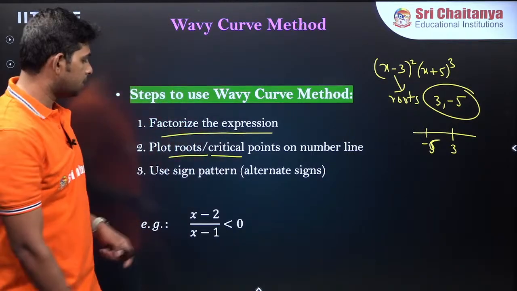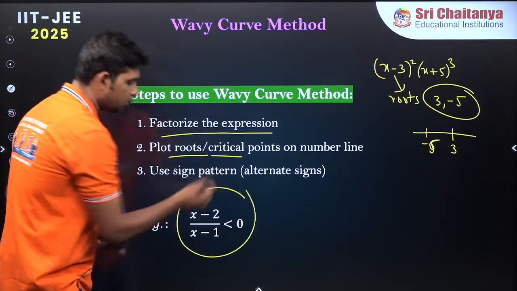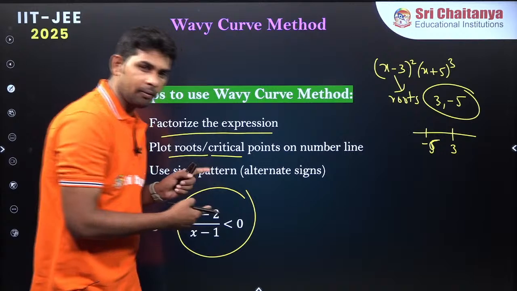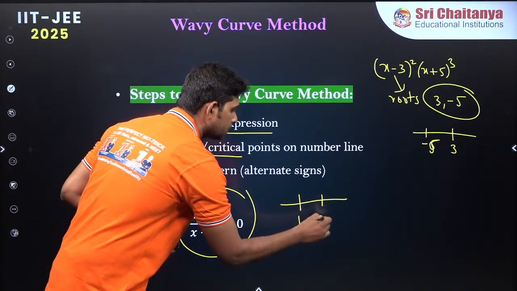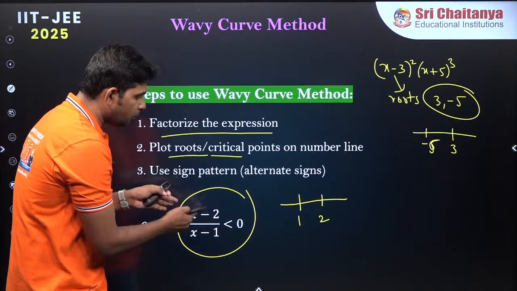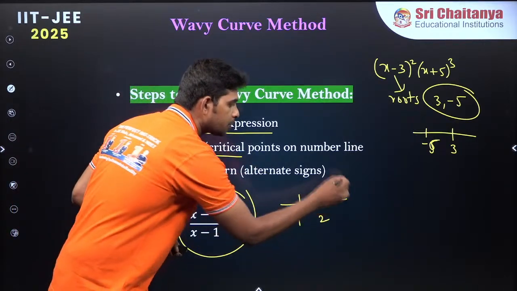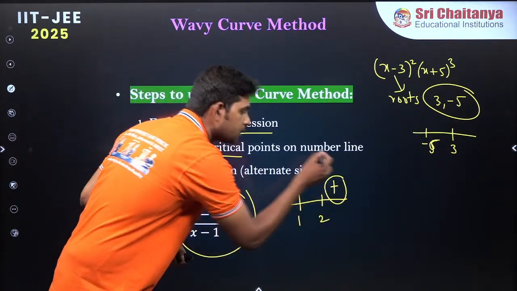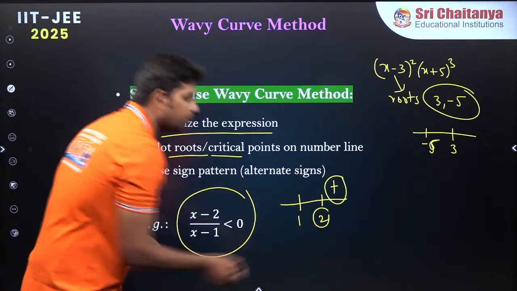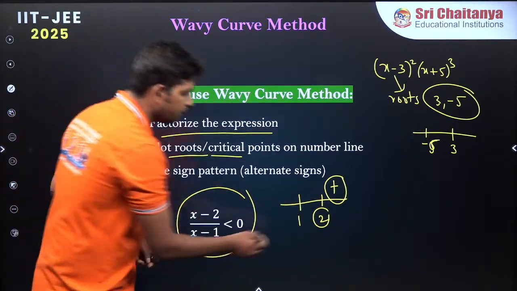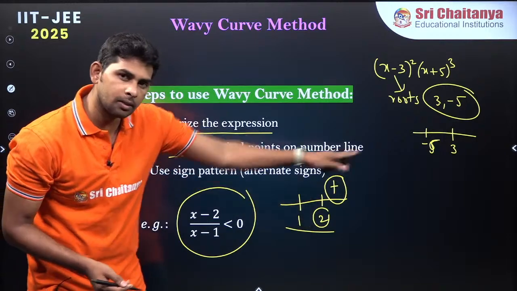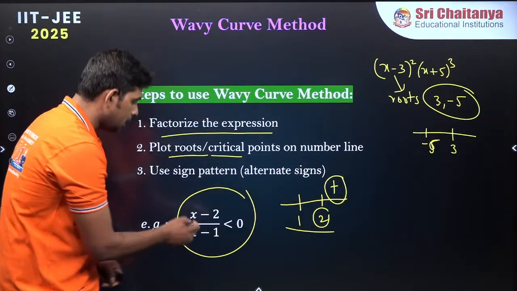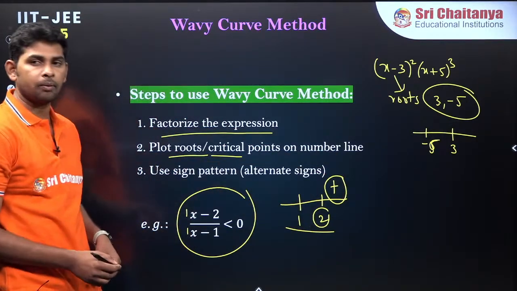And let us see this question here. What are the roots for this one? A very simple one I am giving first. So the roots are 1 comma 2 here. Now if I take any value more than 2, that is always going to be positive. So you always take more than the last number, whatever it is. We write it on the number line in ascending order. After the largest value, it will definitely be plus if the coefficients of x are 1 and 1.